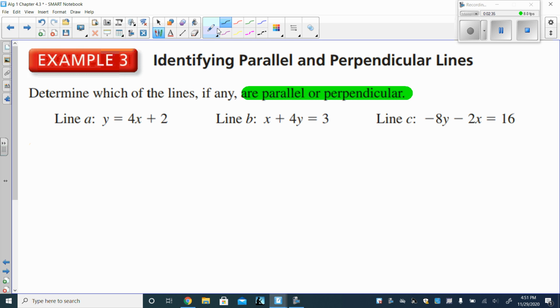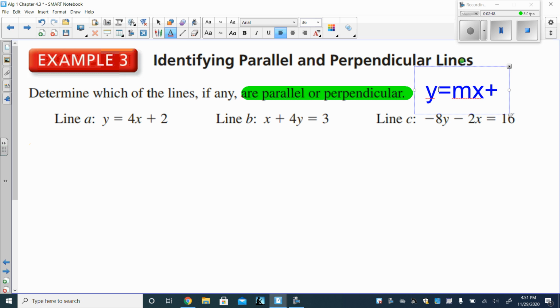If the slopes are opposite reciprocals, we change the sign and flip it, then they are perpendicular. But for us to tell this, we really need all of these equations in y equals mx plus b form. Because then we can tell the slope easily, because it's our m.